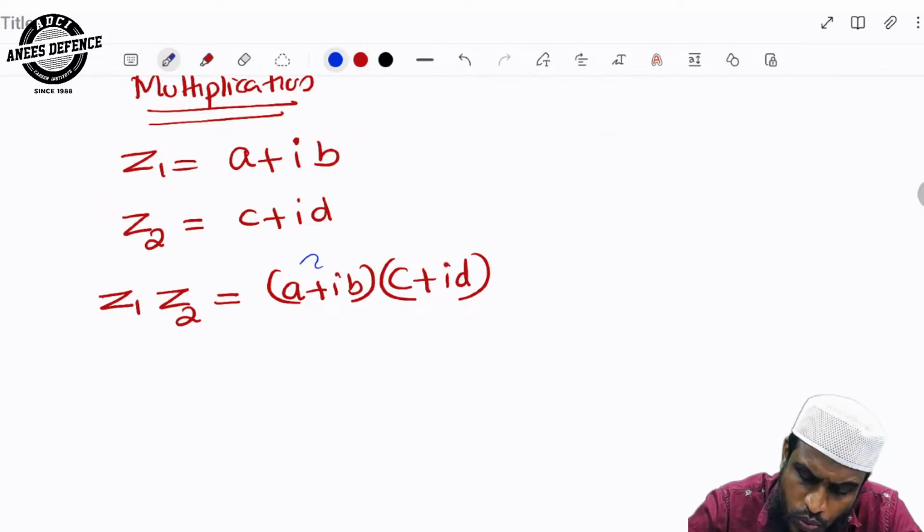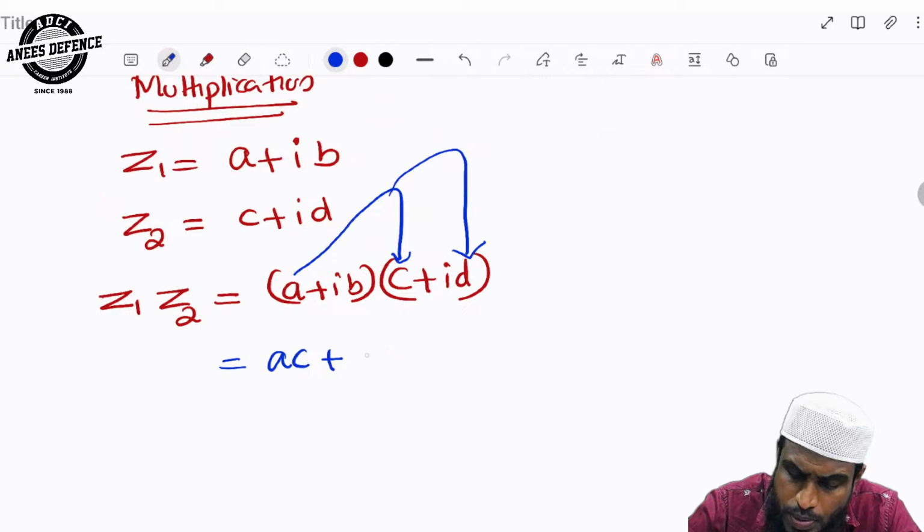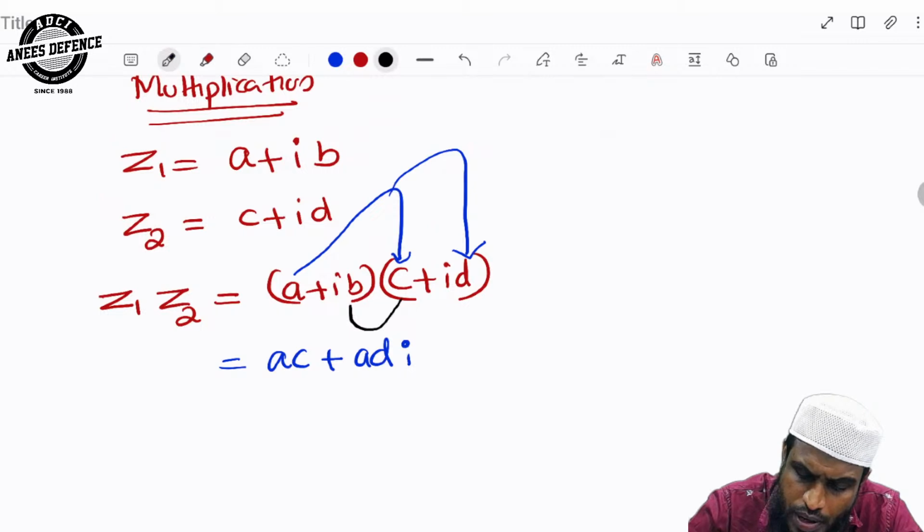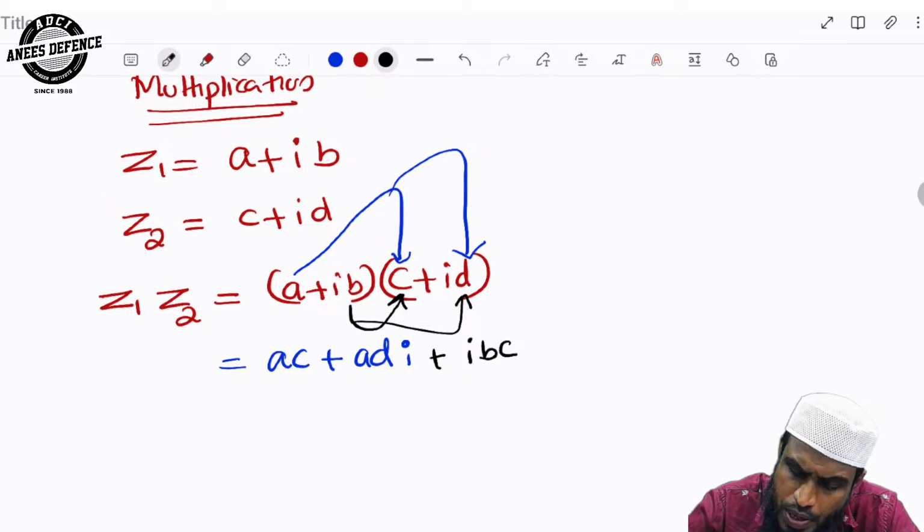Now you have to take a and multiply with c, then multiply it with id. So you can write this as a into c plus a into id, meaning ADi. Then take this imaginary part and multiply with c, and after that with id. So ib into c, iBC, plus i into b into i into d.